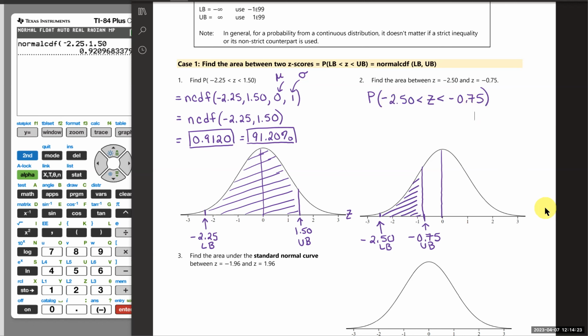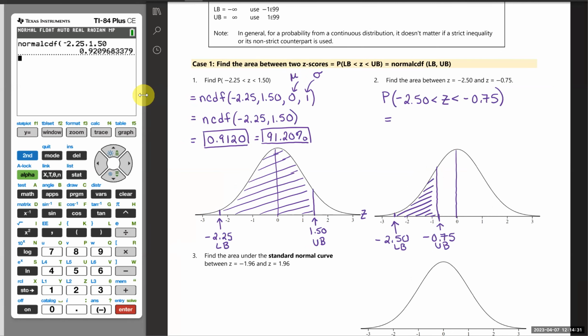And then we go to our calculator, back to your normal CDF. All right, so negative 2.5 and negative 0.75. And I'll round to 4 places, 0.2204. And I'll write this one as a percent as well. That would be 22.04% of that graph that I've shaded.